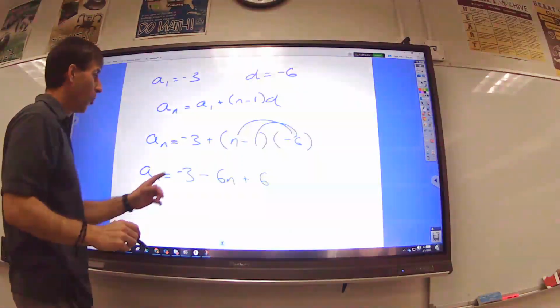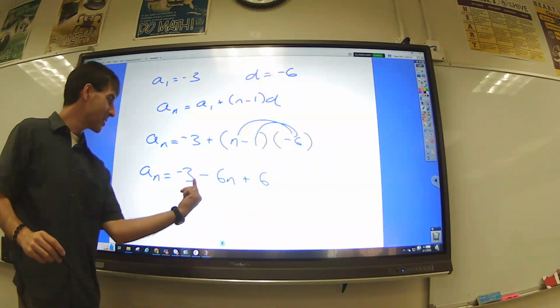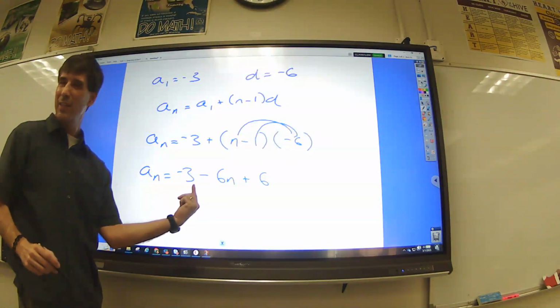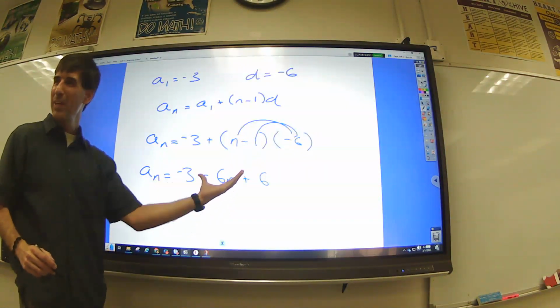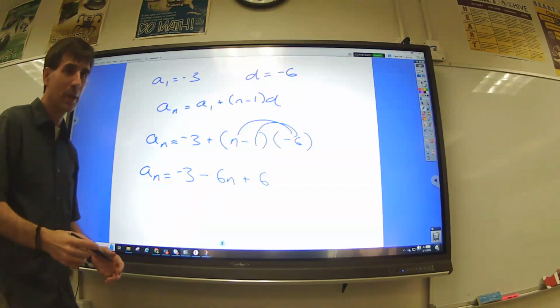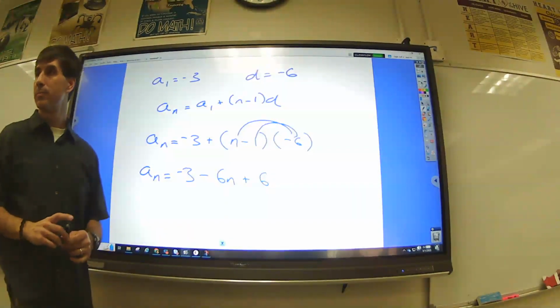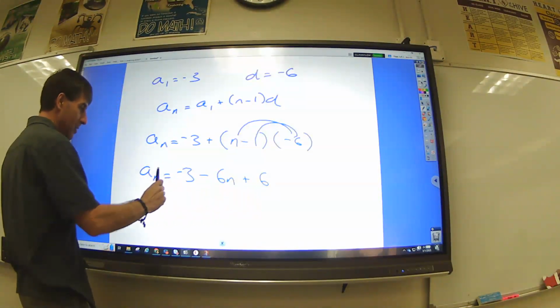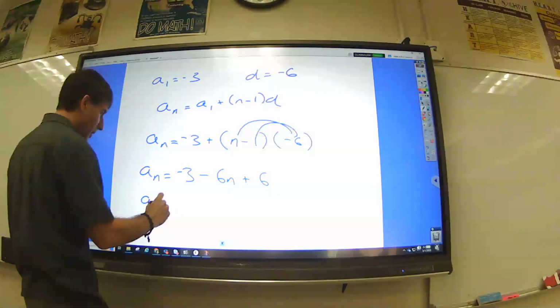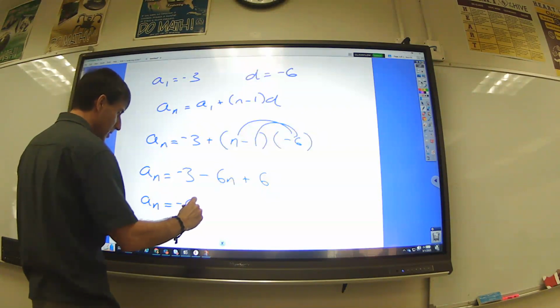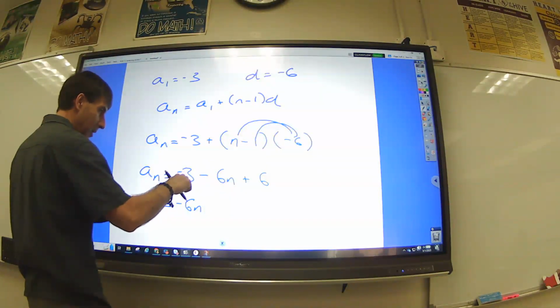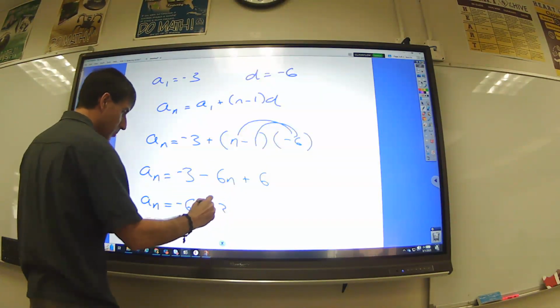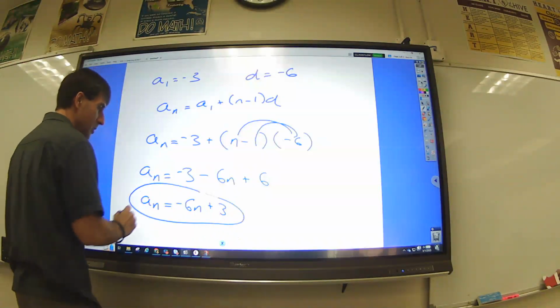This formula gets us to add 6 to the first term. See how it kind of does that? That's why the -1 here. It makes you re-add back what it was. So 6 plus -3, A sub n equals -6, and 6 minus 3 is plus 3. And that gets you the equation just by plugging it in.